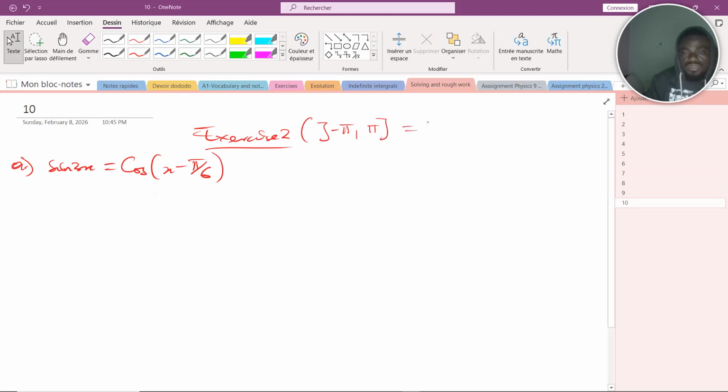This is simply the same as, if we convert this in degrees, minus 180 degrees to 180 degrees. This is simply the interval they are asking us to solve it on. Is that okay?